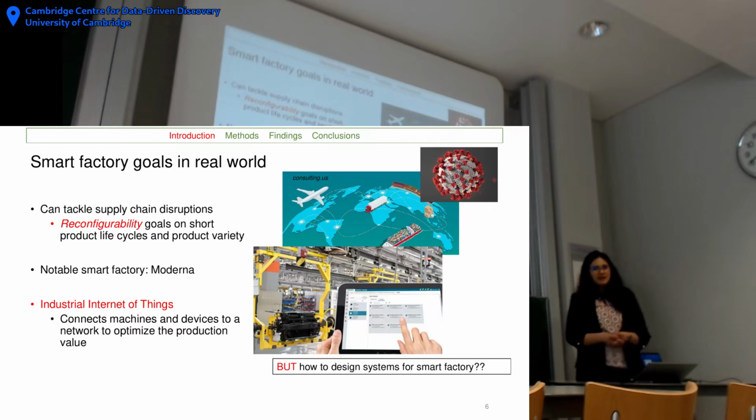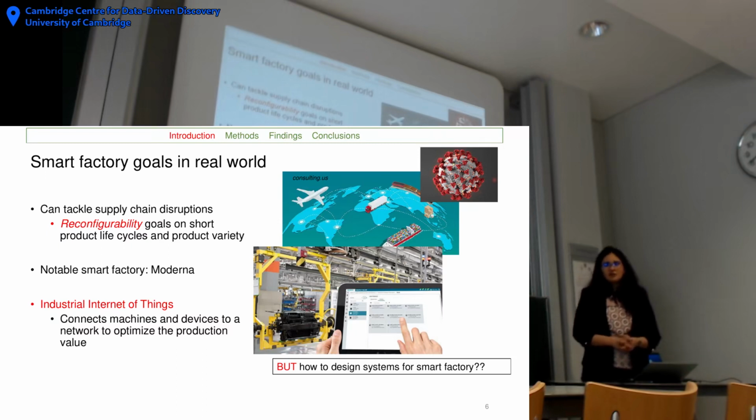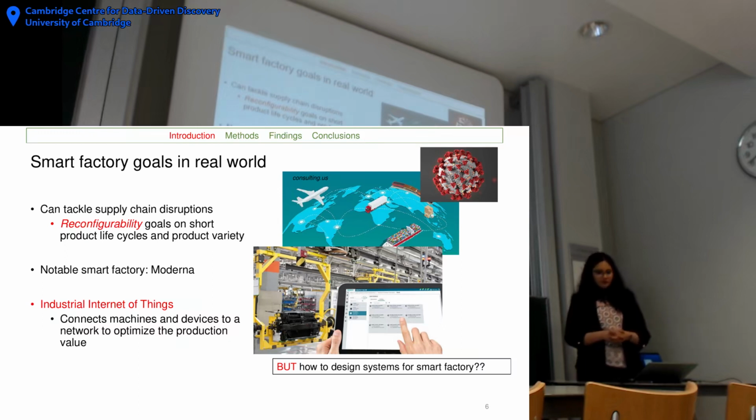We probably remember that COVID happened some time ago, and the whole world came to a halt, and most of these supply chains were completely disrupted. Food and many essential goods were very difficult to procure. During this time, vaccination was another important product that we were all desperately waiting for. Companies like Moderna were able to produce vaccines in large volumes soon after the virus's genetic code was released.